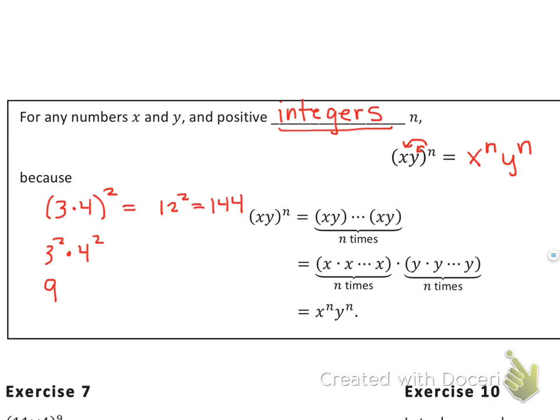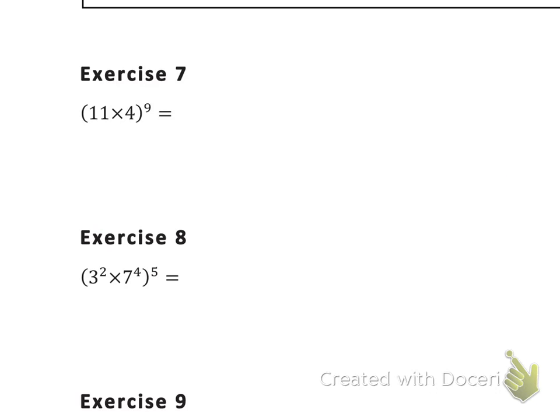And that would give us 9 times 16. Take a moment to figure that out. And you'll find that 9 times 16 is also equal to 144. So it works with numbers. It will also work with variables.